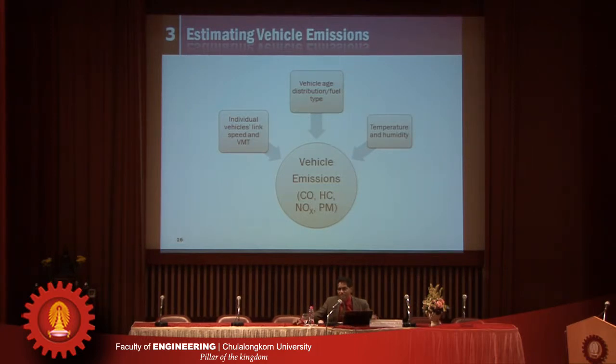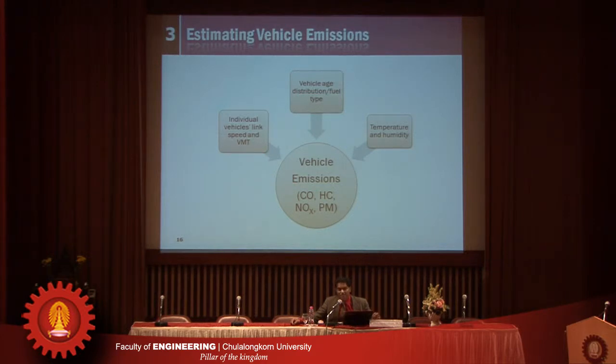But this is the best that we can do because there is a wide variety of characteristics to vehicles. All it takes is whether a Honda Accord is from 6 years back or last year. Their emissions are different. So you have to make assumptions in some of these things, but again, you're doing much better than using the planning model and saying, on the basis of an average speed for a link, which is already wrong, you can predict the emissions, which is absolutely a ridiculous way to do it.